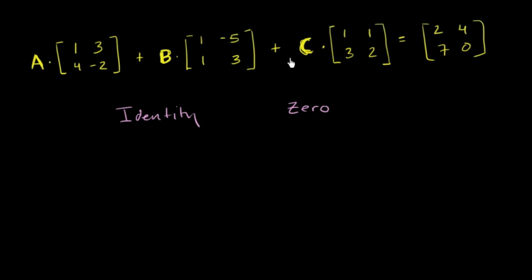I'm assuming you've given a go at it. So let's go entry by entry. So if you look at this first entry right over here, how can we get a 2 for this top left entry? Well, let's see. When we multiply, if any of these are identities, then essentially you just get the value of the matrix. If any of these are 0, then essentially that product doesn't get added.